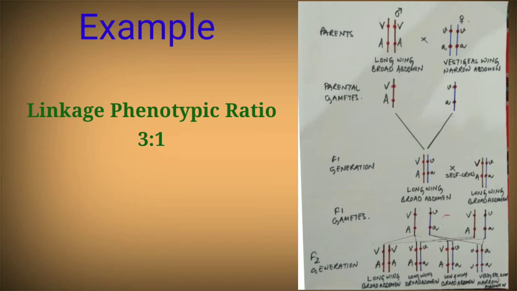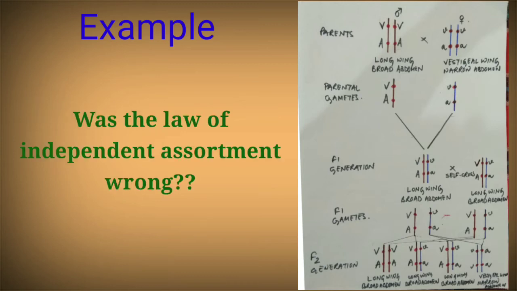Now let's come to the point here. According to this phenomenon, it is said that the linked genes tend to go together into the same gamete generation after generation. That was the concept given by T.H. Morgan. But what you can see here is a dihybrid cross, because two contrasting characters are there. And according to Mendel, we have to go back to the principles of inheritance proposed by Mendel.